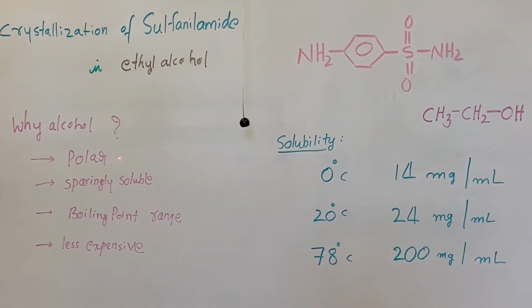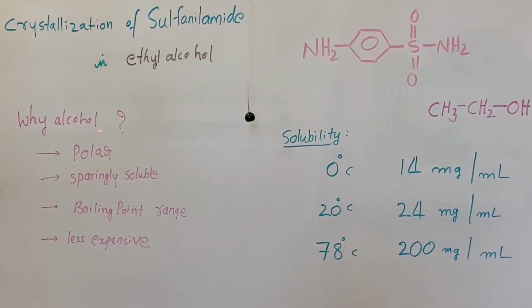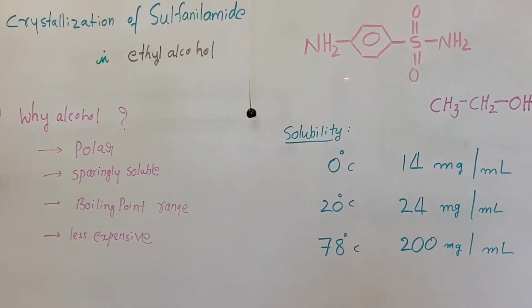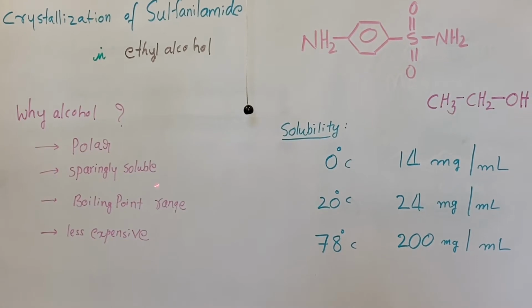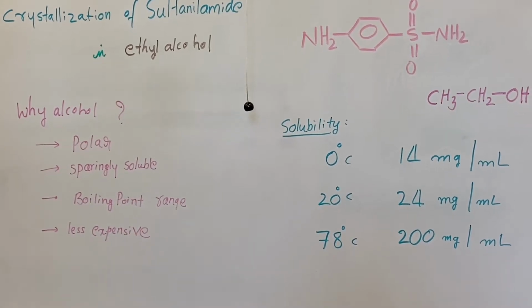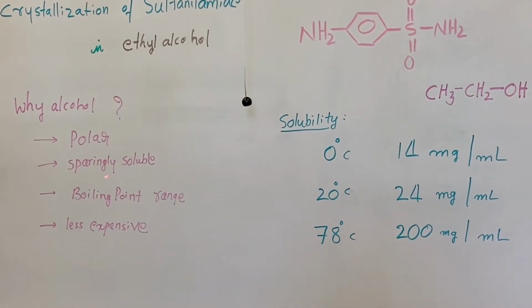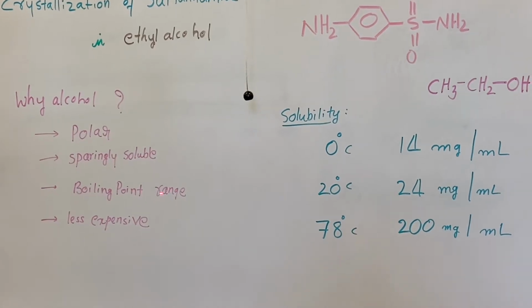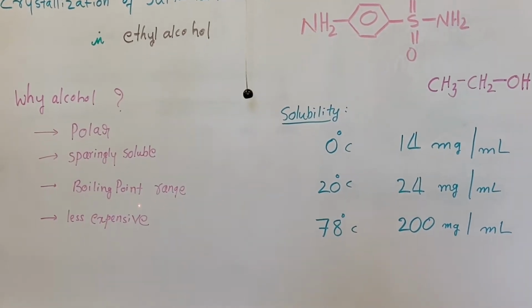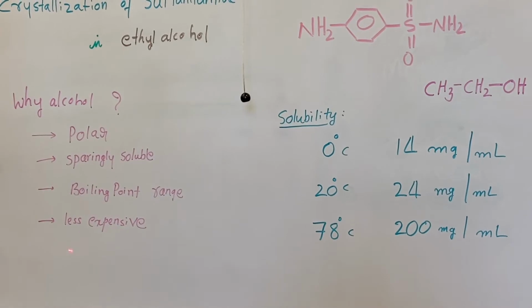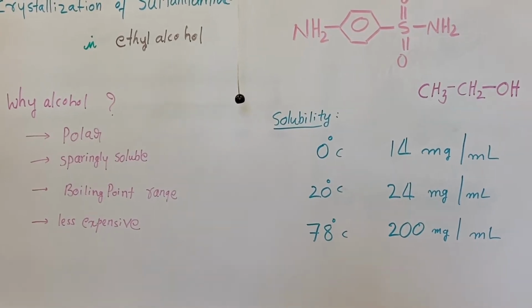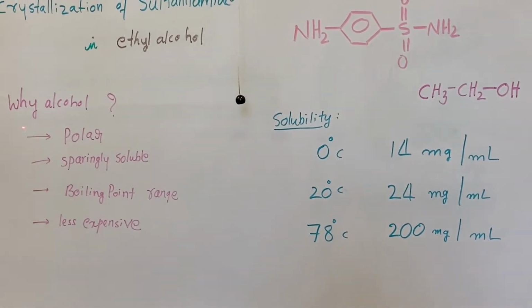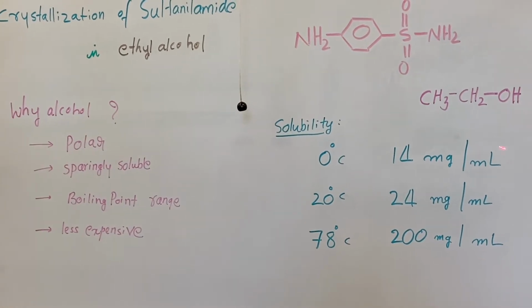The reason is it is a moderately polar solvent and the compound is sparingly soluble. It is not highly soluble, sparingly soluble. And also its boiling point range is good. It boils around 78 degrees. It's less expensive. That is why we are choosing ethyl alcohol.